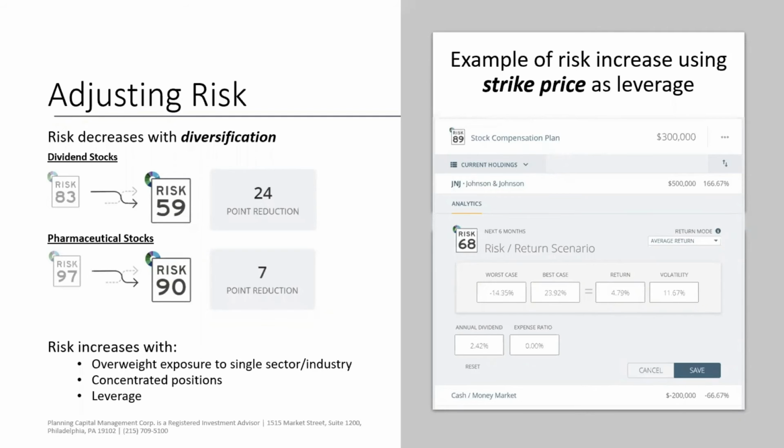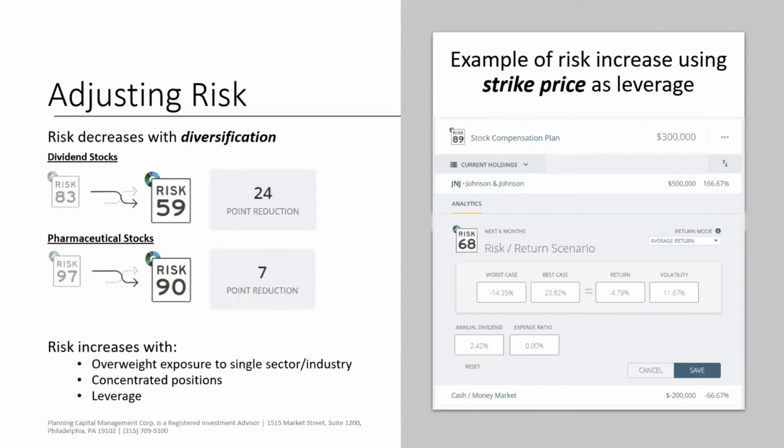The risk number is a 68 on that scale. So if you just own Johnson & Johnson stock, your risk level from a volatility perspective is actually less than the S&P 500. You can see on the screen worst case, best case: anywhere between down 14% and up 24%.